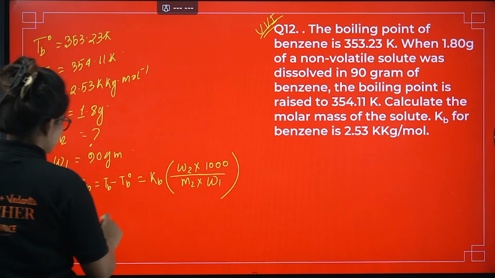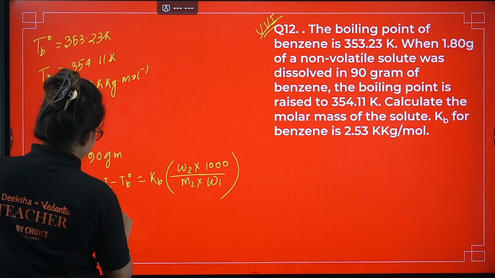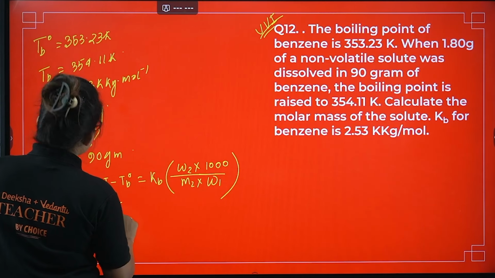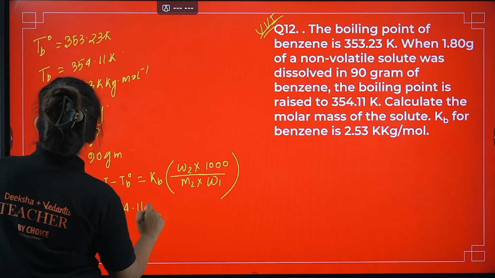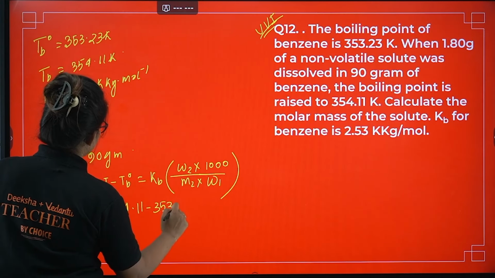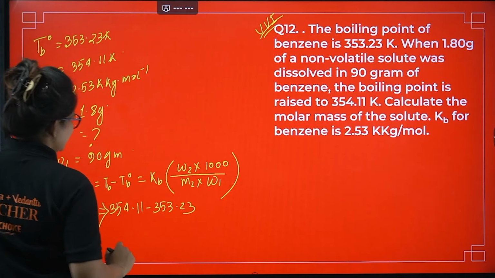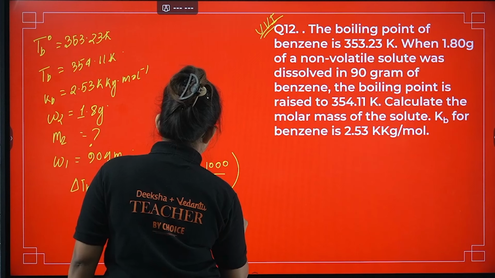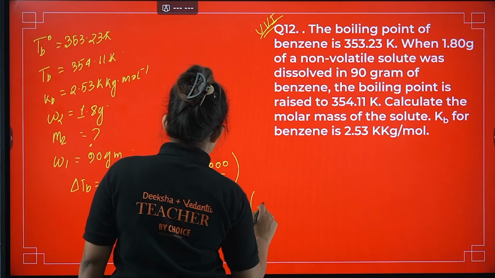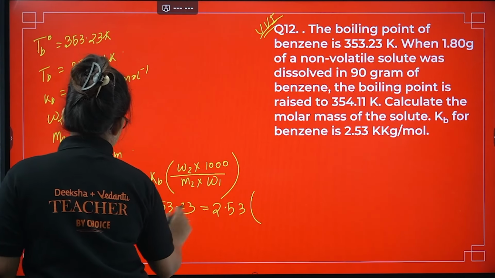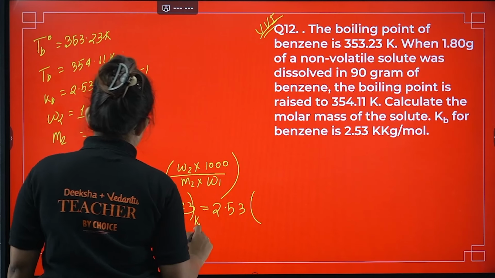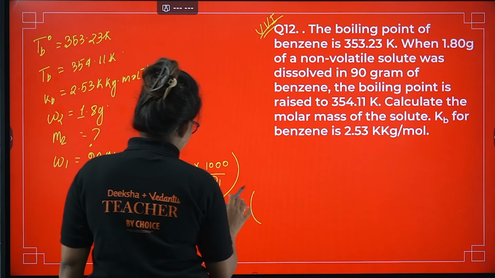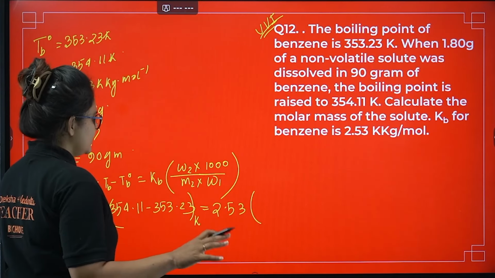Let's substitute everything here. So 354.11 minus 353.23. Here Kb we will put 2.53. Let's write the unit as well, Kelvin kg mole inverse, since molecular weight will come in gram per mole.